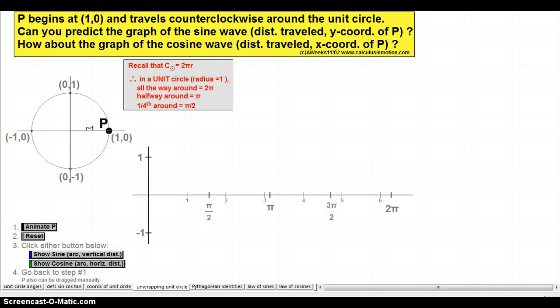We are going to start by looking back at our unit circle and what happens as the point P travels around the circle. Our distance in radians is along our x-axis right over here, and we are about to draw this as our x-axis as well.